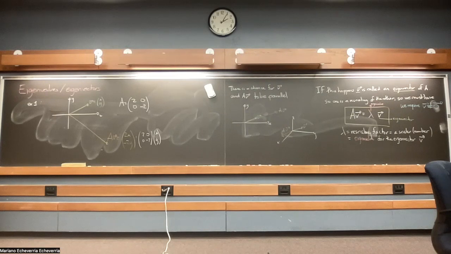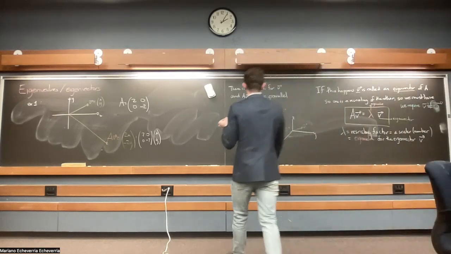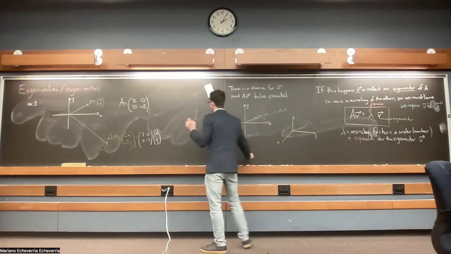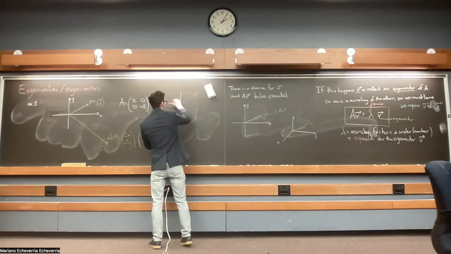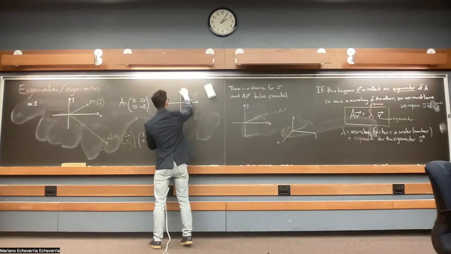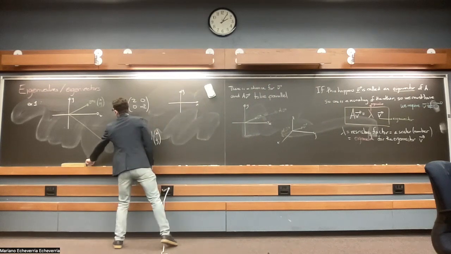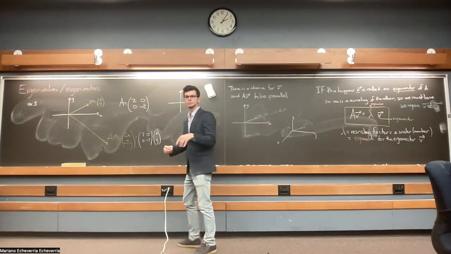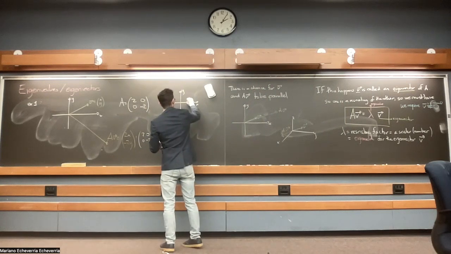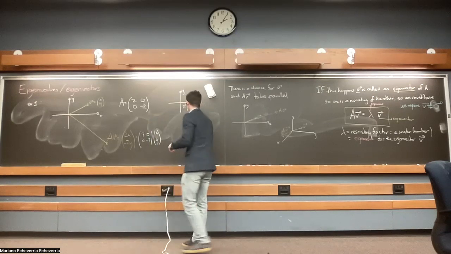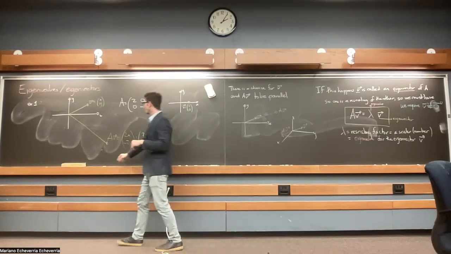Let's take something along the x-axis. So here's an example. Take the vector, for example, (1, 0). What would A times this vector be?